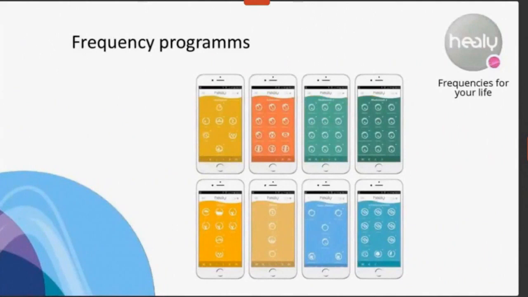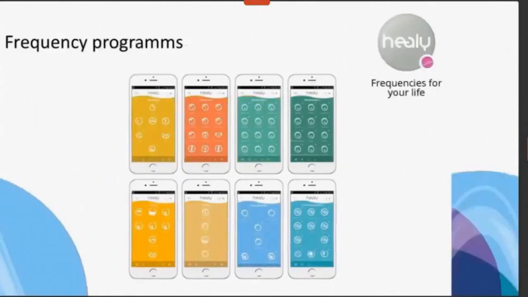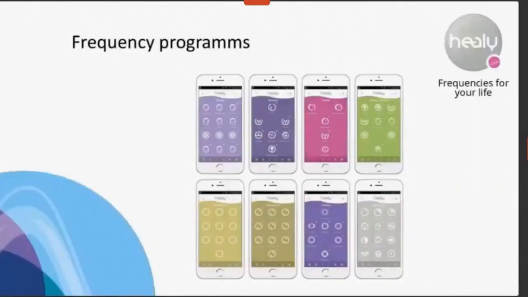So the outcome is, of course, different frequency programs. And the Healy app comes with around 120 Healy programs in different categories: meridians, chakras, pain, psyche, you name it. You know them better than me, maybe even. Depending on the kind of Healy you've purchased, you might find a certain amount of programs.